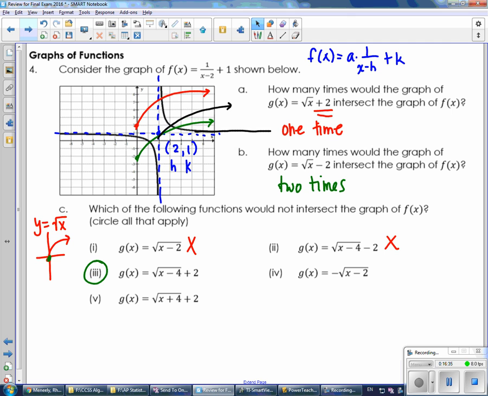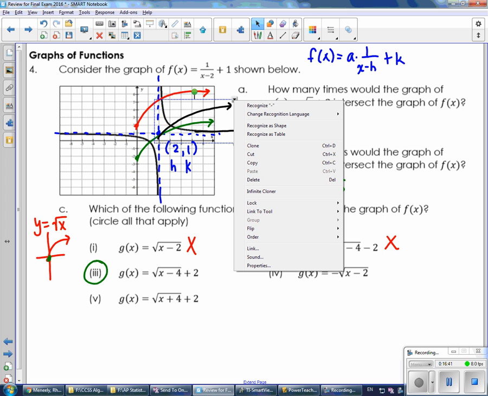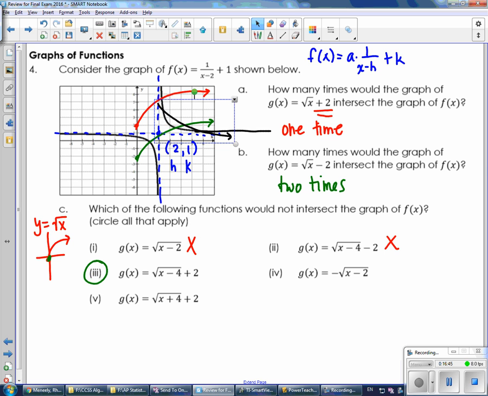But since there's a negative in front, I also have to flip my function. So it should look like that. And I think you can see very clearly it is never going to intersect f of x. So this is another answer to the question.